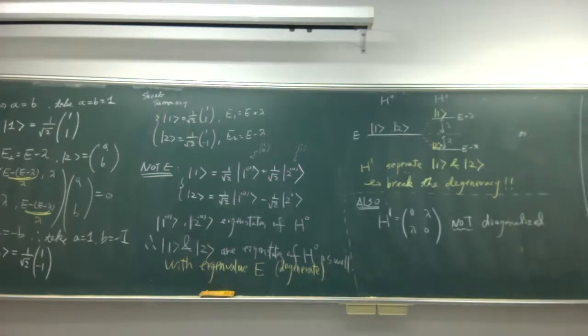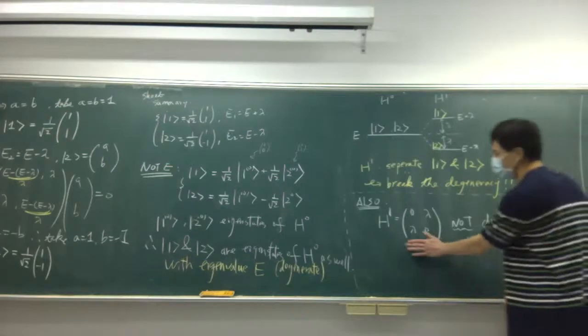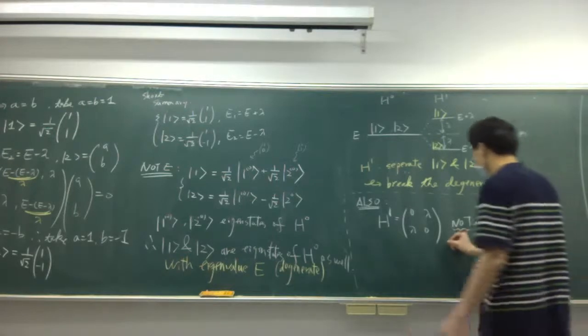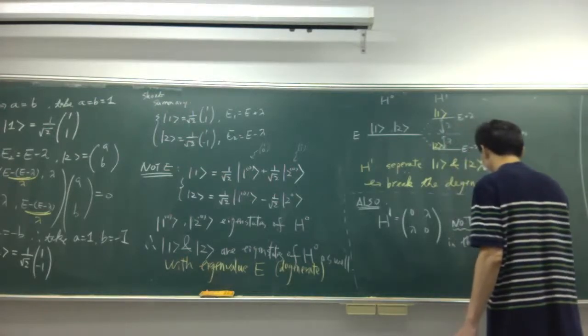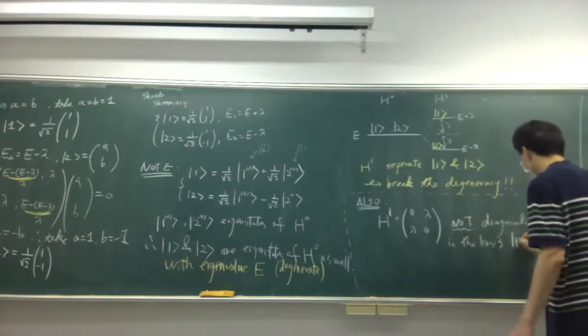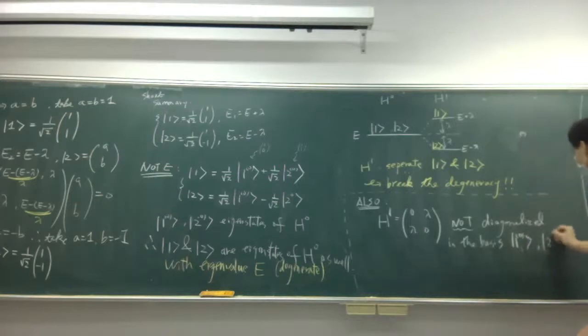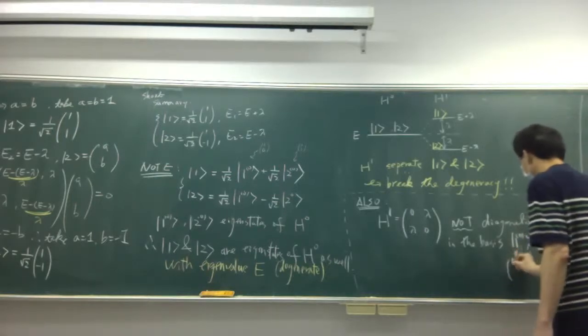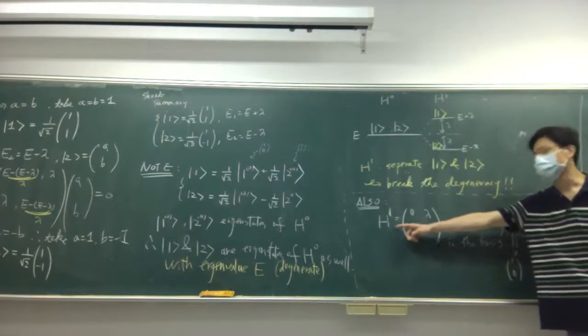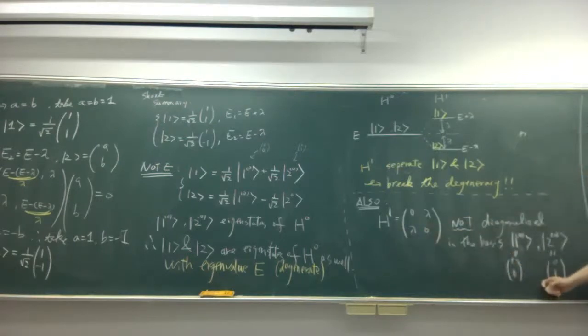This is not diagonalized because when you choose this form, we are using the basis |1,0> and |2,0>, which is (1, 0) and this is (0, 1). This is not diagonalized in this basis, right?